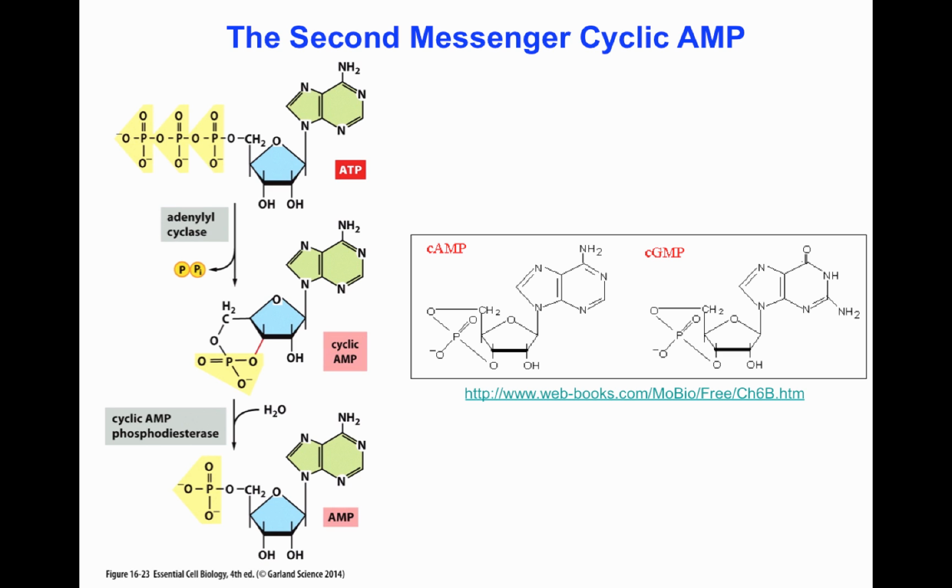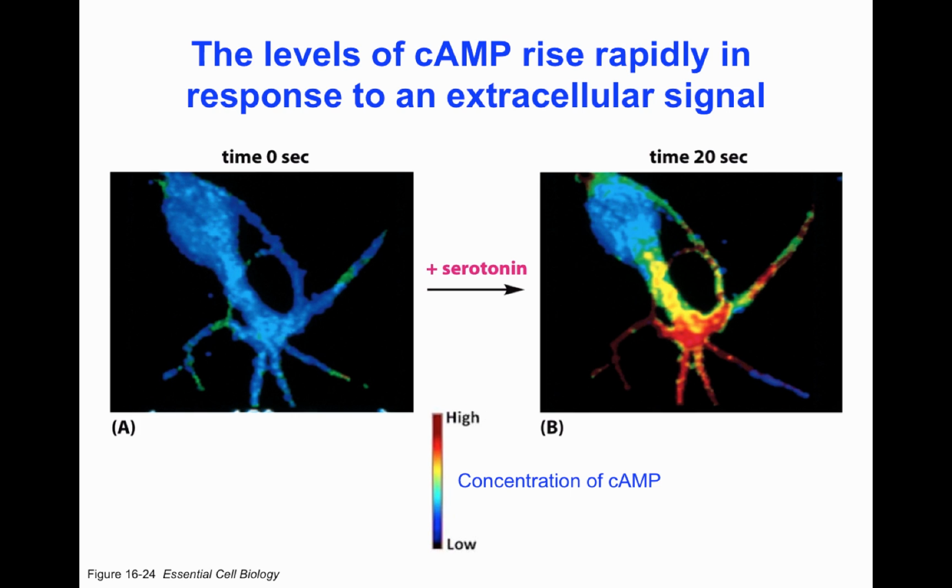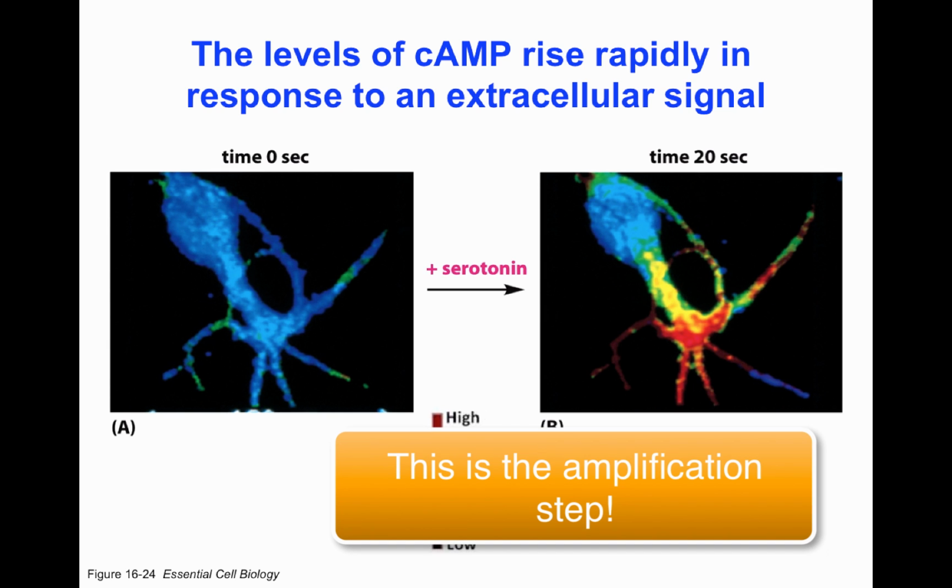So one of the things that we'll see is how cyclic AMP is now used by the cell to generate downstream effects. So the levels of cyclic AMP are able to rise rapidly because the enzyme adenylyl cyclase is able to catalyze the reaction very quickly, increasing the concentration levels of cyclic AMP dramatically.